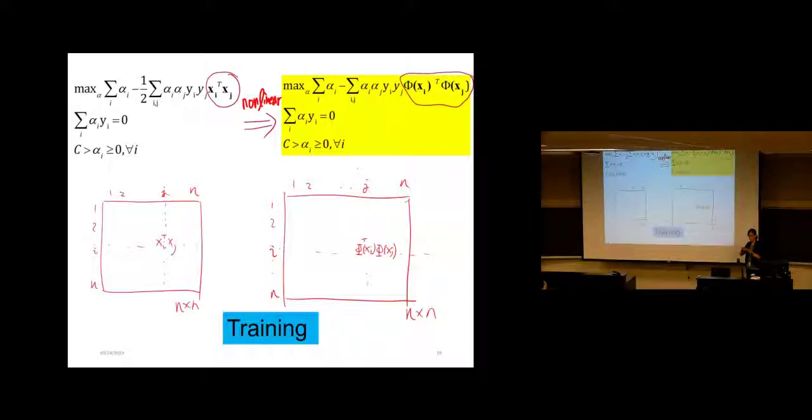The similarity matrix includes all the training data versus the other training samples, and each element is x i transpose x j.